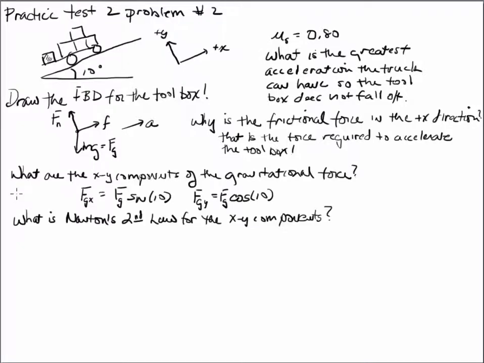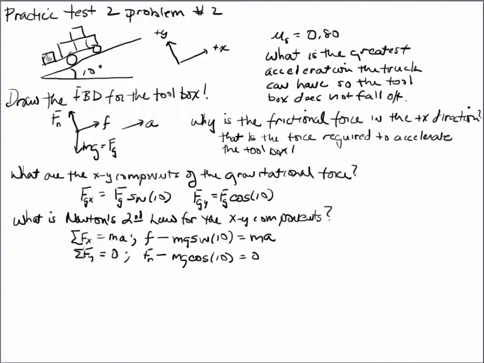What is Newton's second law for the x and y components? All right, for the x components, the sum of the forces in the x direction equals the mass times acceleration. Notice, of course, that the acceleration here is in the positive x direction. It's only in the x direction.